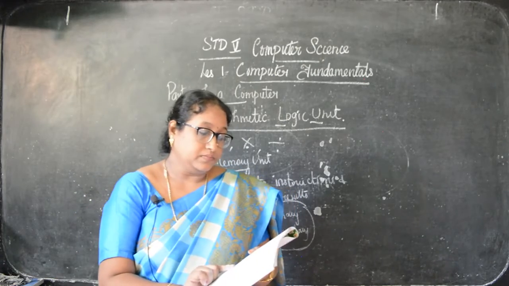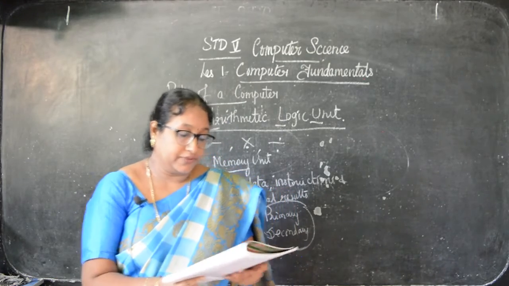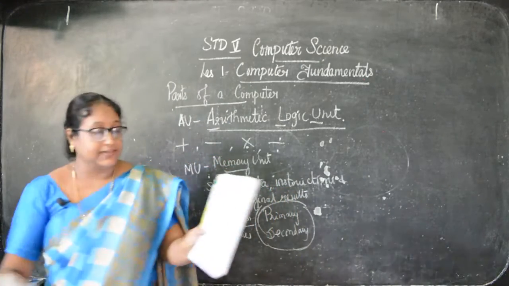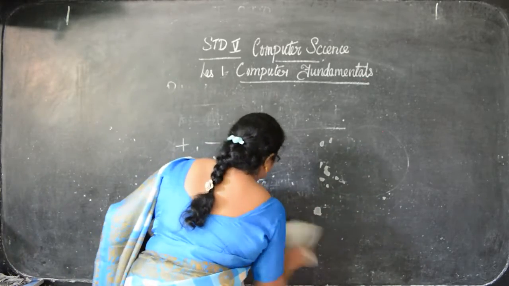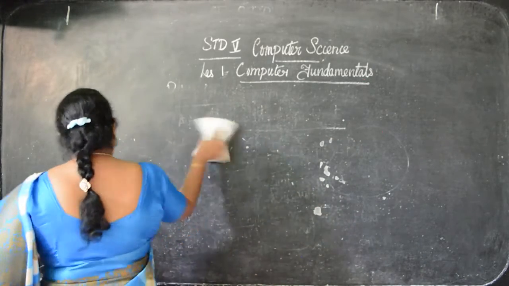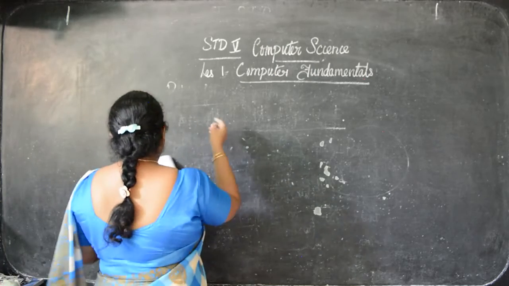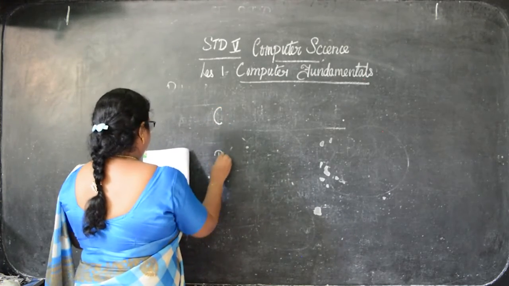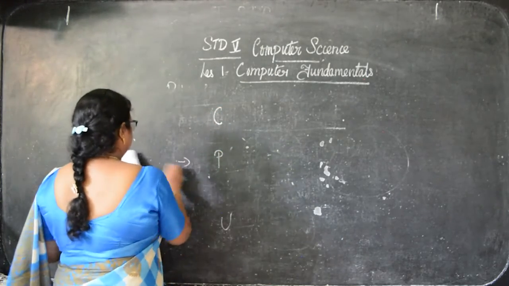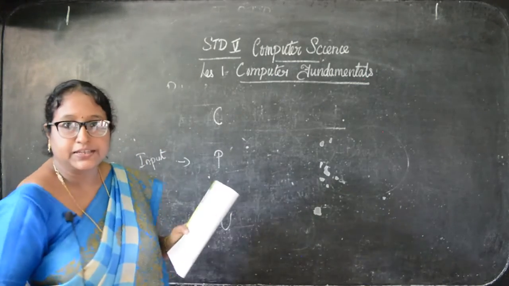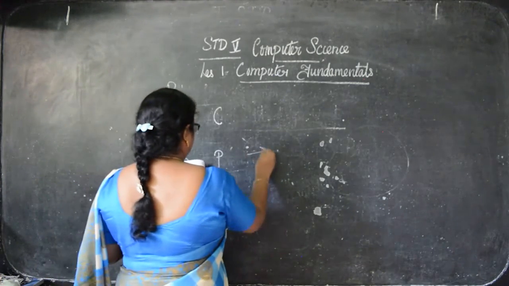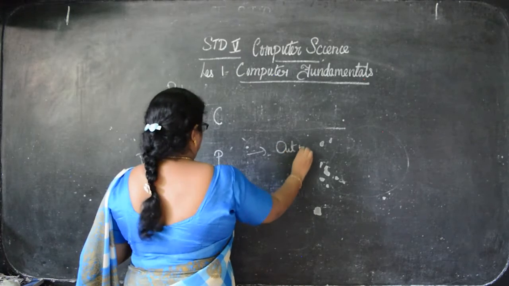Now, see, children, in the center they have given one box to understand it easily. Here is an input unit, and here is an output unit.